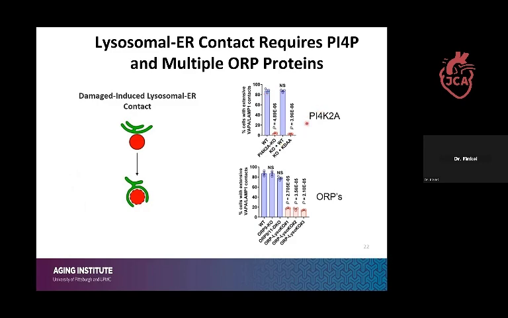If you knock out this kinase that blocks the generation of PI4P on the surface of the lysosome, you completely abrogate those contacts. If you put back the wild type kinase in the knockout cells, you restore it. And it requires the kinase activity, because if you put a mutant form of PI4K2 alpha in, you cannot rescue it. So you need this kinase to do it.